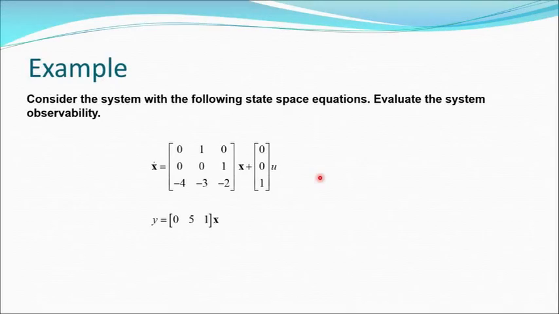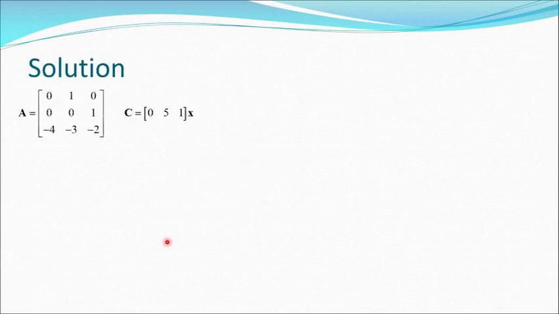In this example, I will explain how to determine system observability from a given state space equation. Basically, we only need matrix A and matrix C to determine the system observability. We know that the observability matrix MO is given by C, CA, CA squared until CA^(n-1). For this system, n is equal to 3.